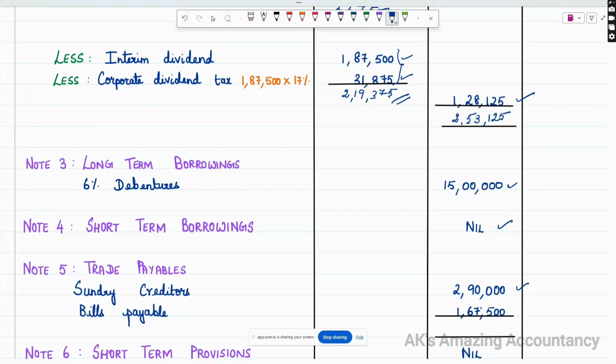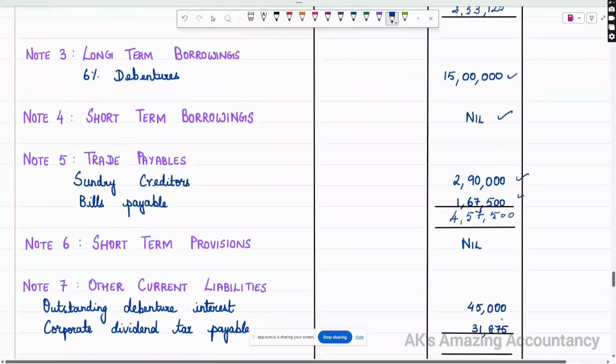So let us add these two amounts together and find out the total. The total will be 4,57,500. So 4,57,500 is Note 5.